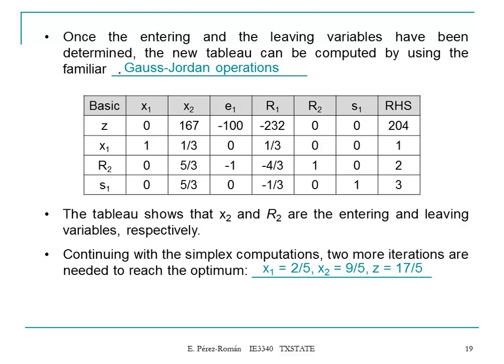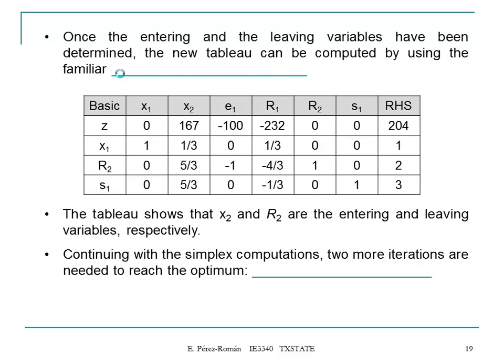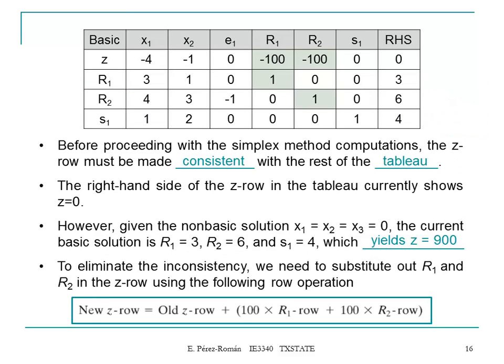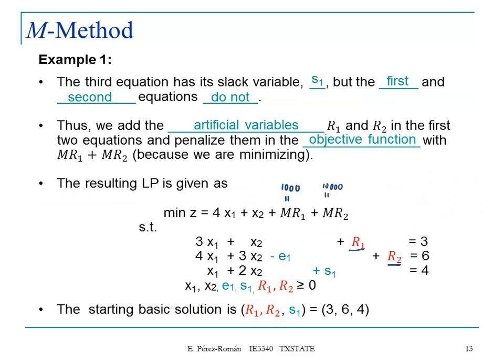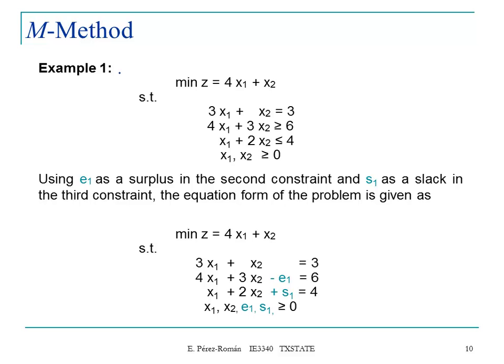Any questions? I'll provide you with some homework problems just to see if you understand it. But again, the idea is, if you see this type of problem, we should have equalities and greater or equal constraints.